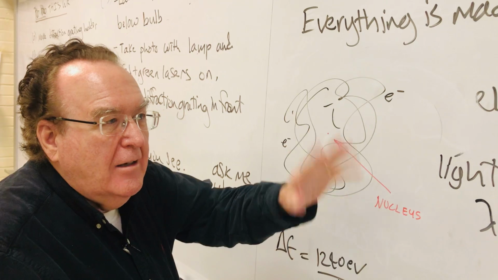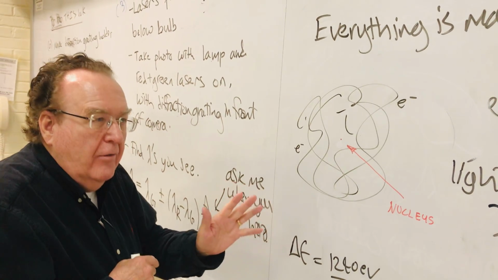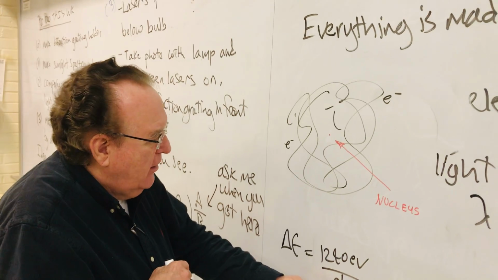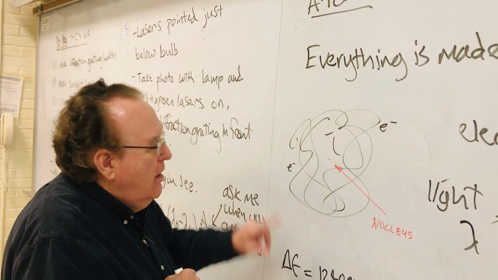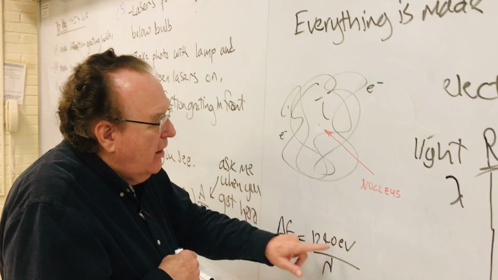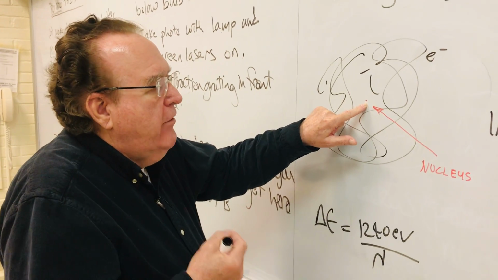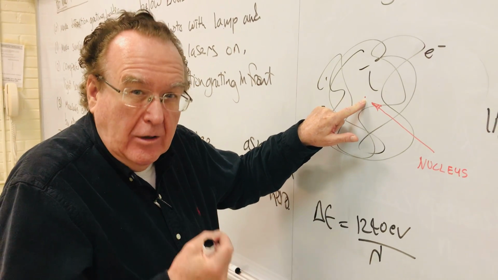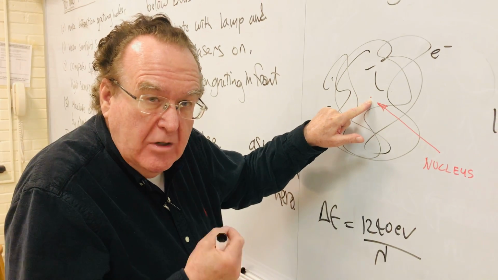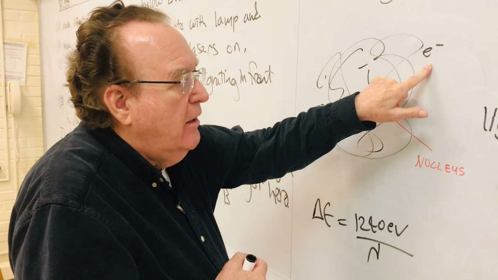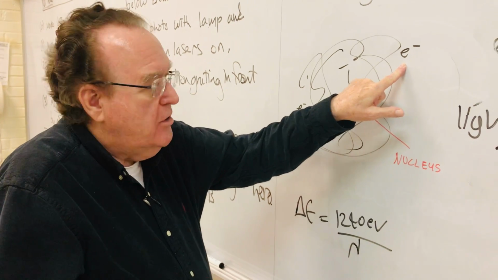So when you calculate an angle from your diffraction grating, and you measure a wavelength, and from the wavelength you measure an energy, these energies are typically electron volts, but the energies of the nucleons inside of a nucleus are millions of electron volts, a million times as much. That's why nuclear energies are vastly larger than chemical energies or atomic energies.